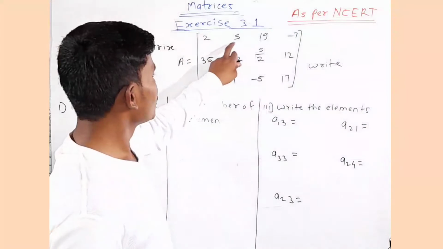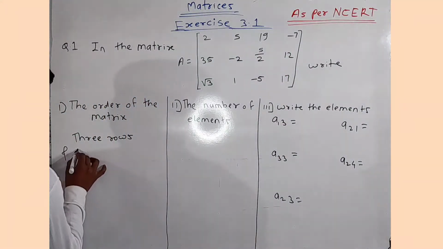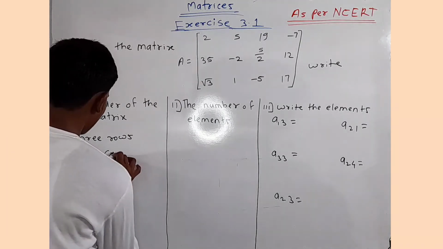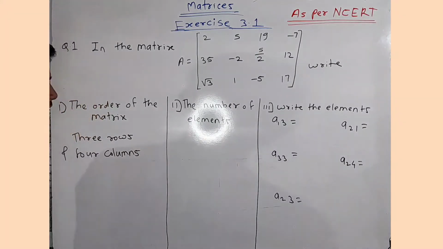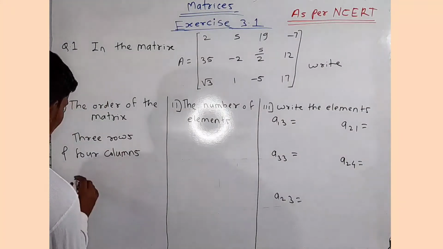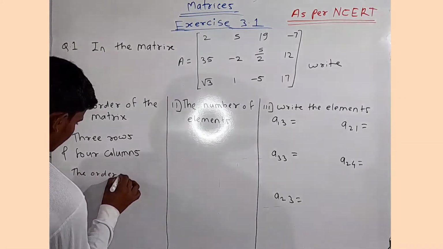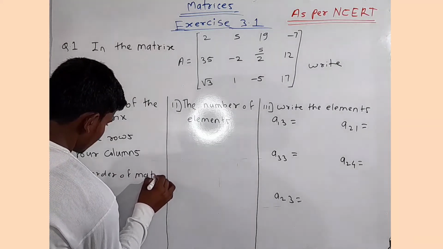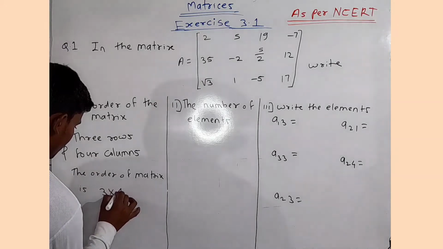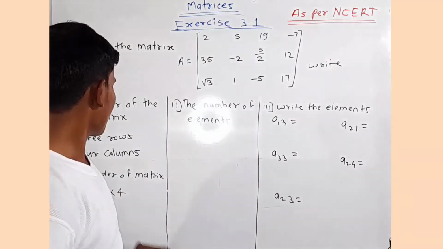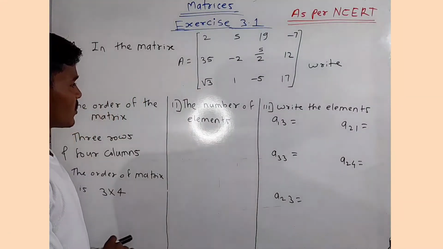And columns: 1, 2, 3, 4, so 4 columns. So we can write the order of the matrix is 3 by 4. Here the order of the matrix is 3 by 4, that means 3 rows and 4 columns.